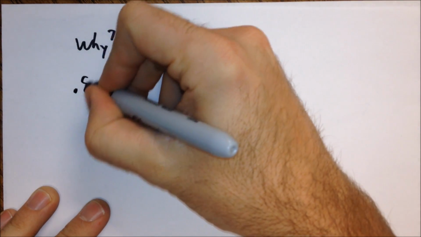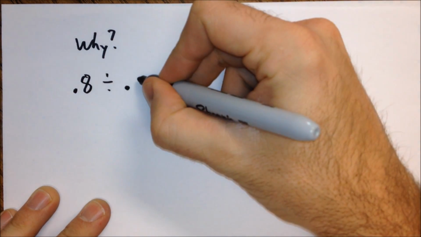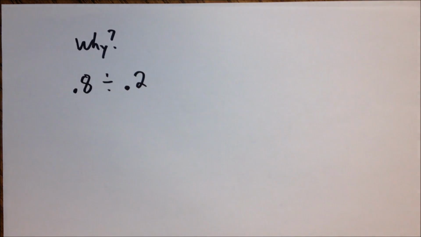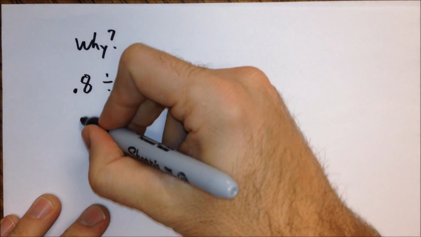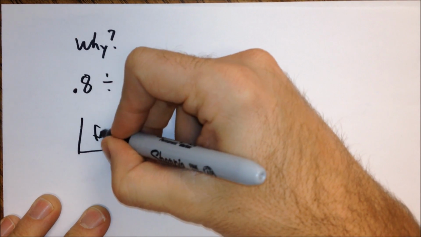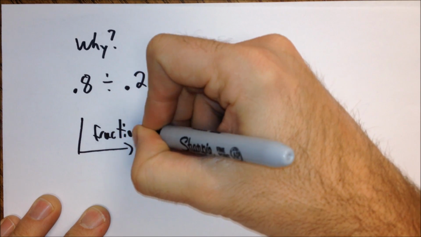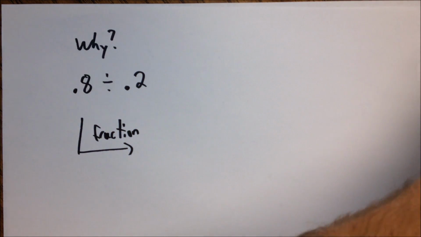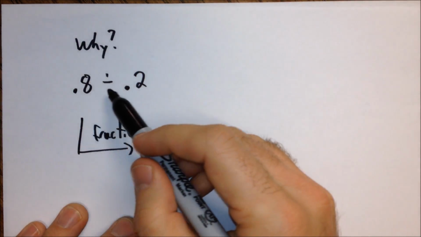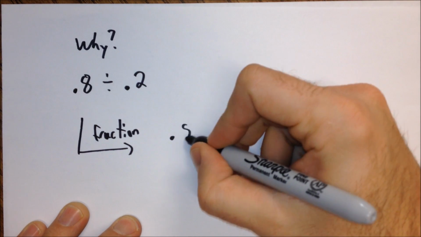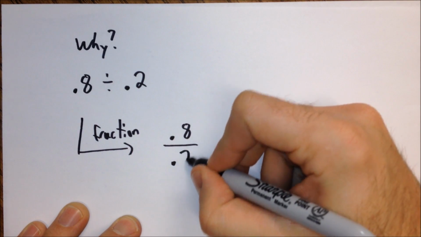So coming back to that problem we had earlier of 0.8 divided by 0.2, I want to think about this problem instead in fraction form. So if we think about this as a fraction, what you remember is division is the same as writing it as a fraction.